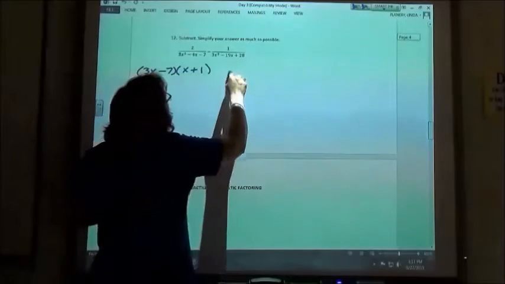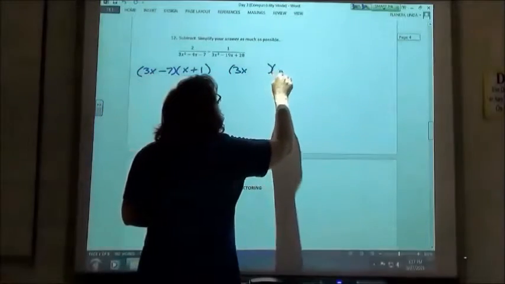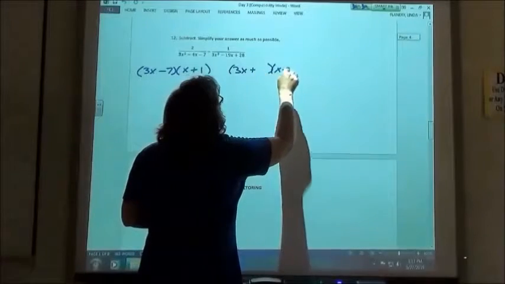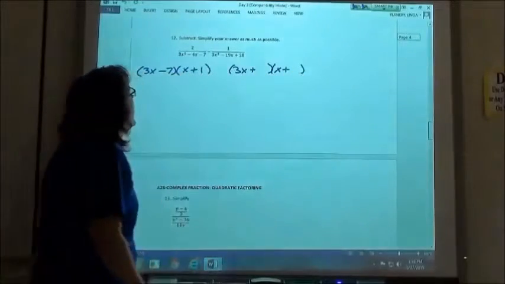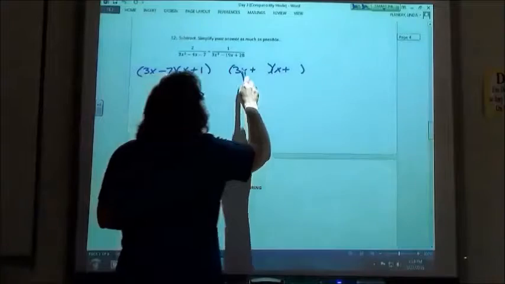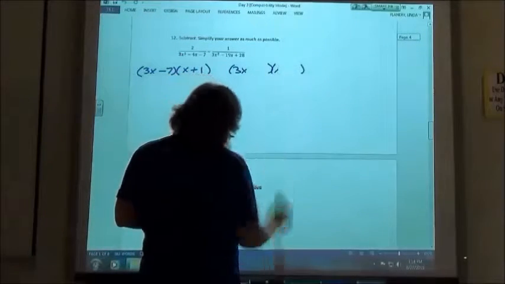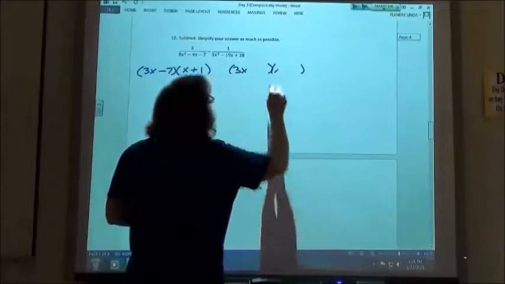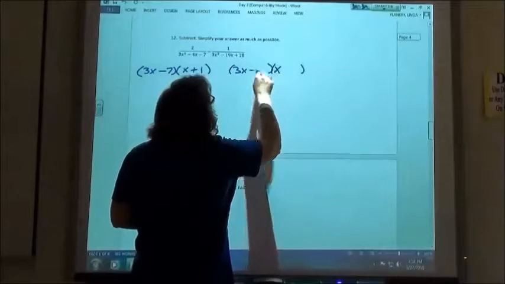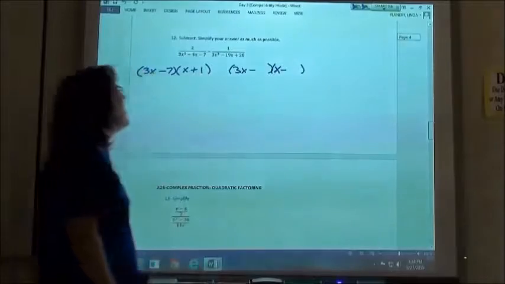On the other one, we've got 3x and x. Both of these are pluses. And so for 28, we would have 4 times 7. Whoops, not pluses. Both of those are minuses. Since the end is positive, they're both the same as the middle. I didn't even look to see what the middle is. They're both minuses.